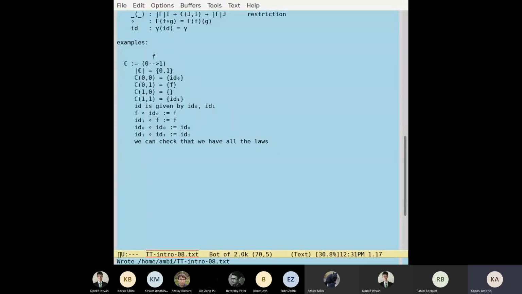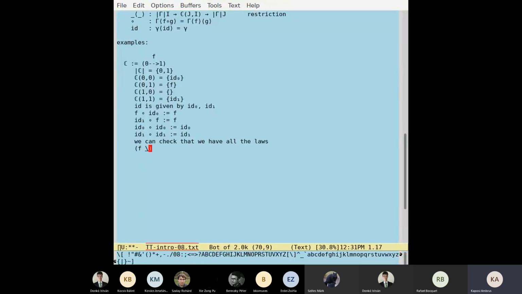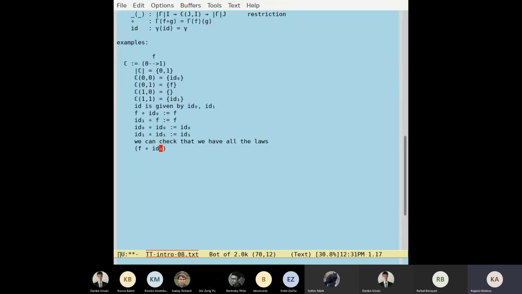Now you can instantiate associativity. Let's just try to do it for an example. If I start with ID 0, then I compose it with F. Oh, sorry, I wrote it in the wrong direction. And then I can compose it with ID 1. Associativity says that this should be the same as this.